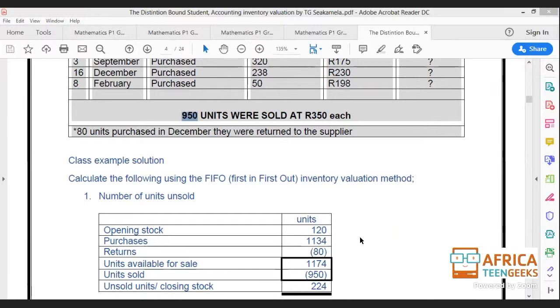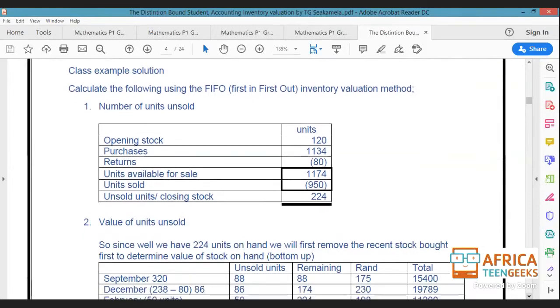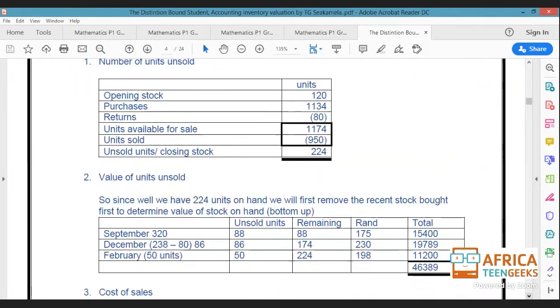Okay. Now let's go to number 2, grade 12s. Here it says to you the value of units unsold. Now they want the value of the units unsold, right? So since we have 224 units on hand, we will first remove the recent stock bought first to determine value of stock on hand.